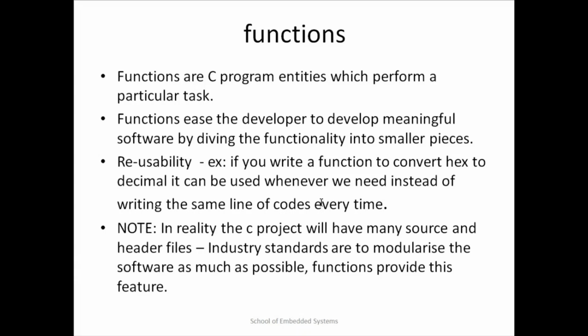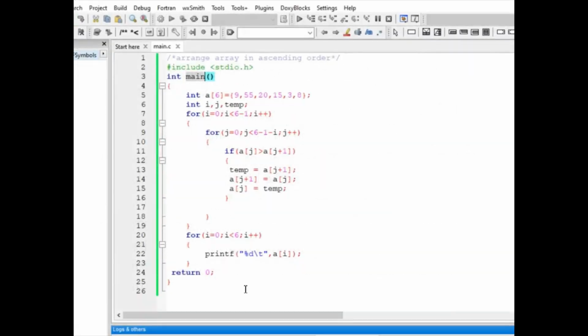Okay, meaning first I'll explain the need of a function using an example. Why we need a function, or where a function can be used to efficiently code this. So what we did here is in the main function itself, we first sorted and shifted.